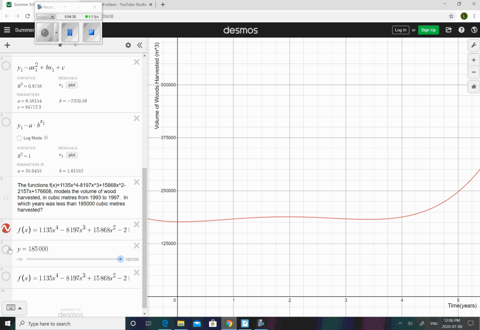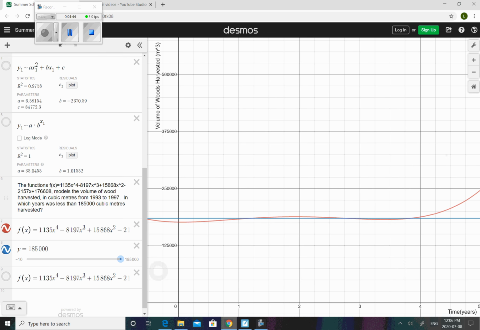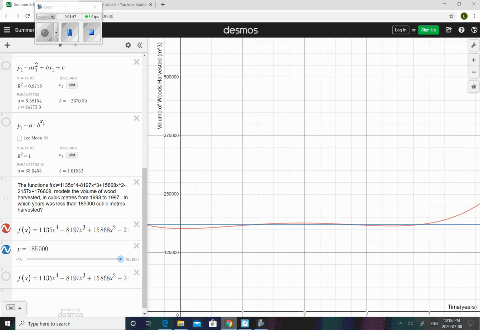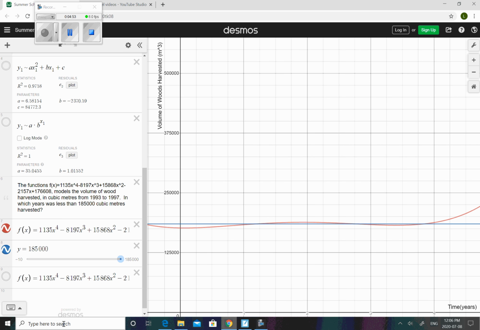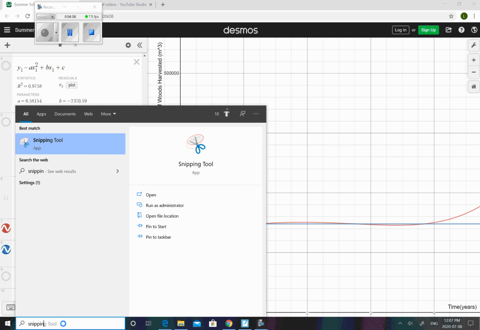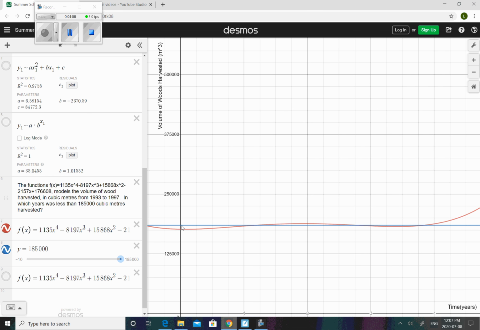Okay, and we can also just draw a straight line. If you type in y equals 185,000, we'll get a straight blue line here. And we want to know where it is less than 185,000 in those 4 years. So let's zoom in just a little bit more here, and then I will be able to click on the points of intersection. So that red curve is less than the blue line until it looks like about 1.2.